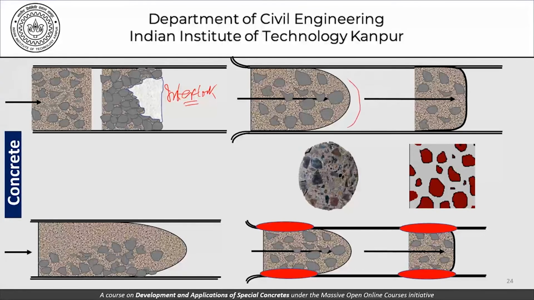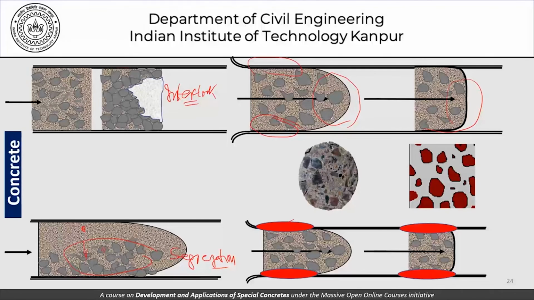Now, whether this kind of a profile develops or this kind of a profile develops depends on what happens at the interfaces. That's what is shown here. This shows segregation of aggregate, that is, the mortar component of this concrete could not support these coarse aggregates here, which have settled down.